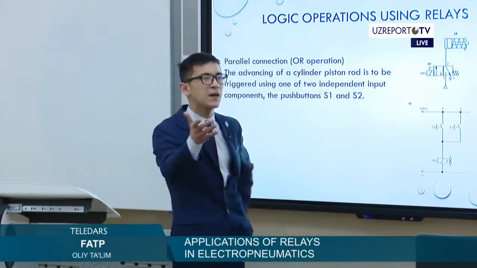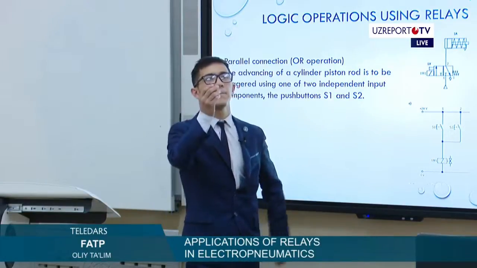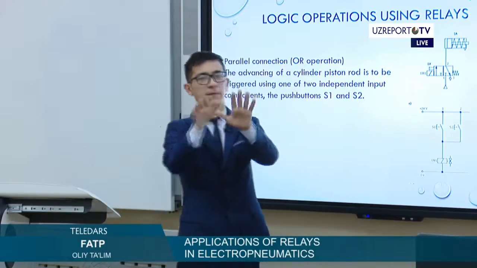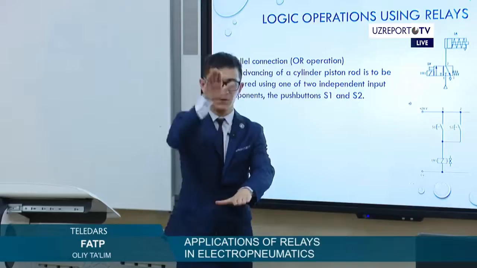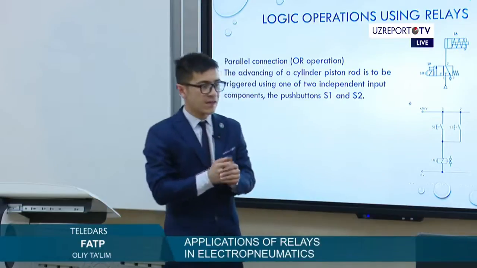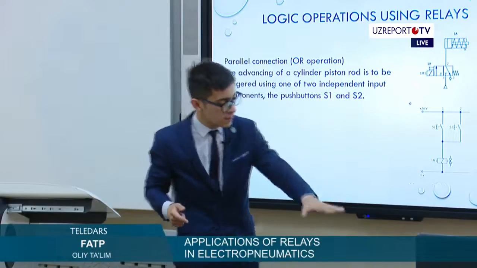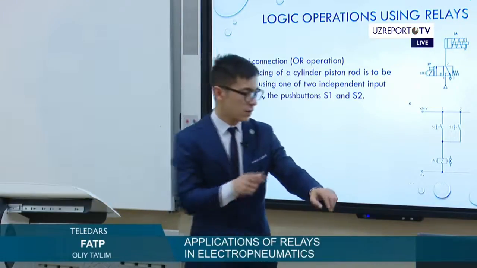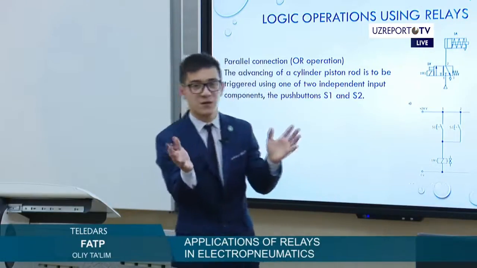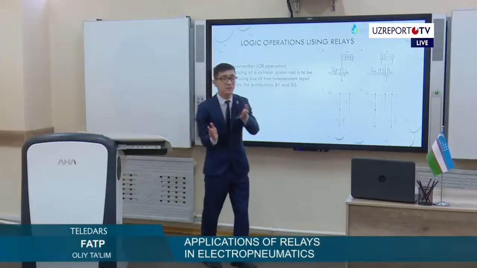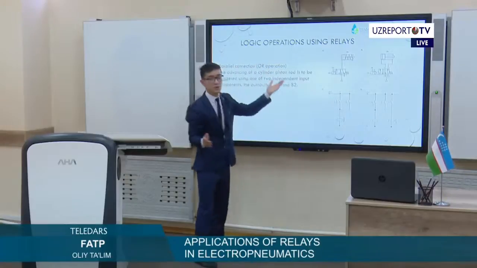For example, in metal manufacturing, they make pressure on the metal for cars, for example. They have a very big pressure. If a worker puts his hand under this pressure, it would be very tragic. And to defend against this, this logic operation is used.